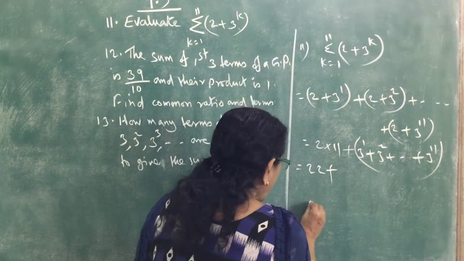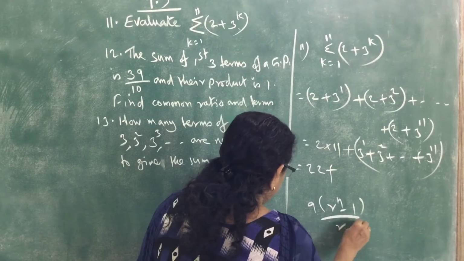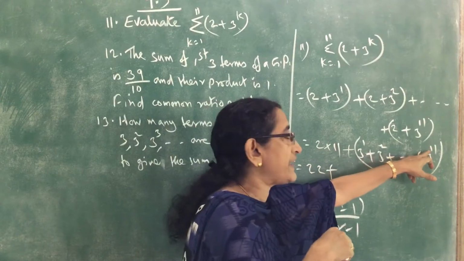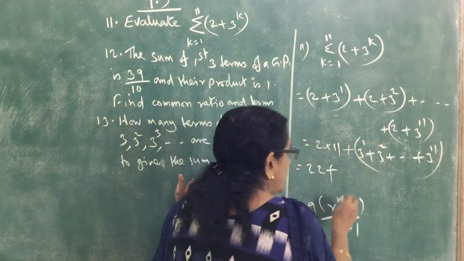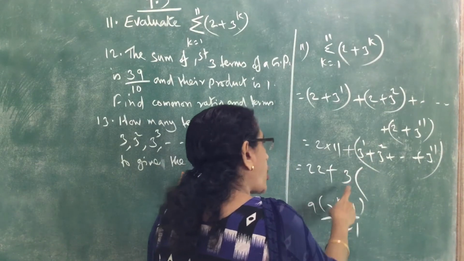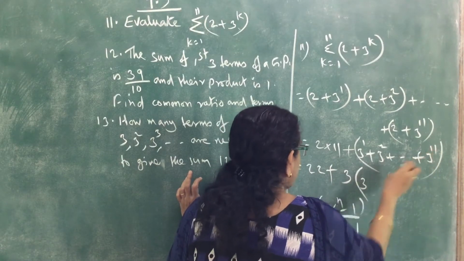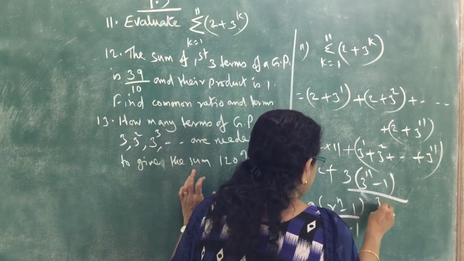So we have to add the sum of 11 terms. What is the formula? Sum of n terms is a into r raised to n minus 1 divided by r minus 1. Here it is the sum of 11 terms, so put n equal to 11. We get a, the first term, 3, into r raised to n, common ratio is 3, so 3 raised to 11, minus 1, divided by 3 minus 1.